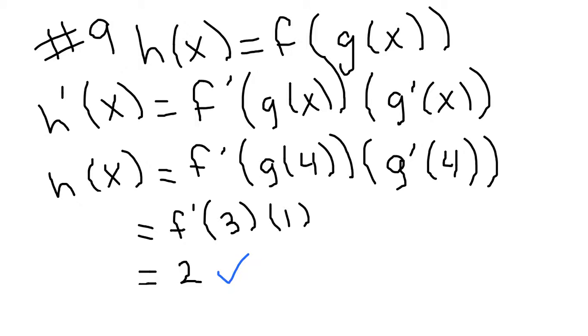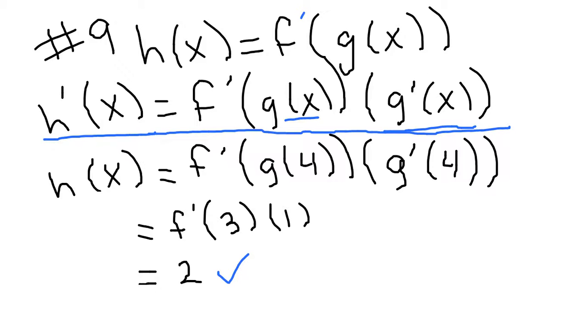So I wrote out here what the derivative of h would be. And it's literally just the chain rule. I'm taking the derivative of this outside here, and I'm multiplying it times the inside, and then I'm taking the derivative of the inside. Okay?